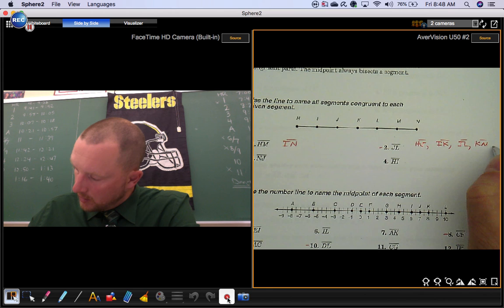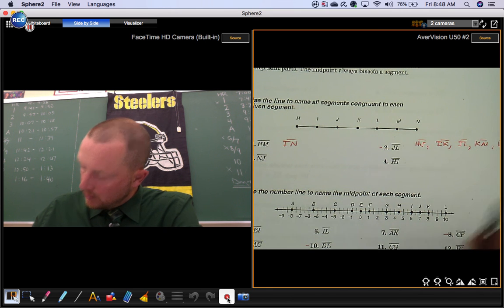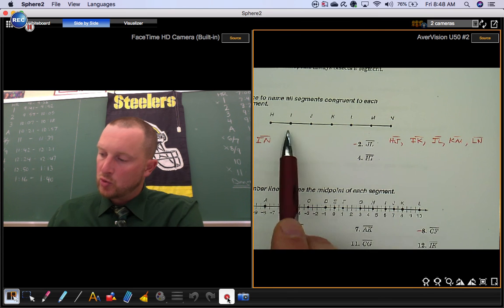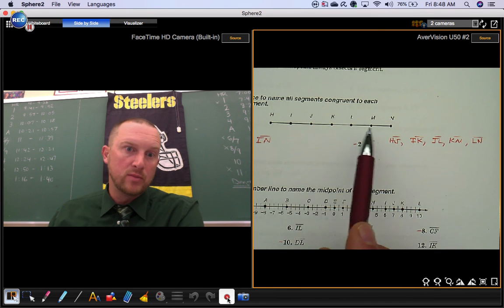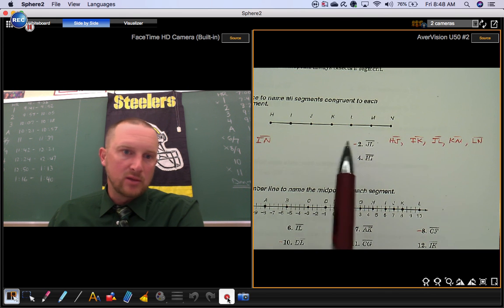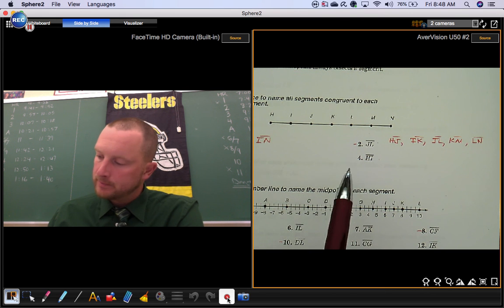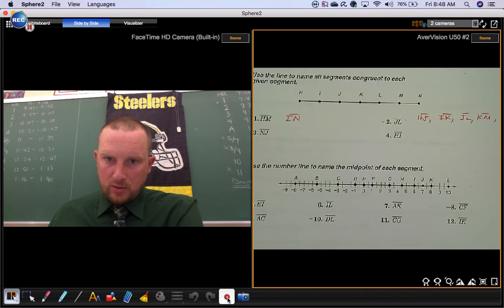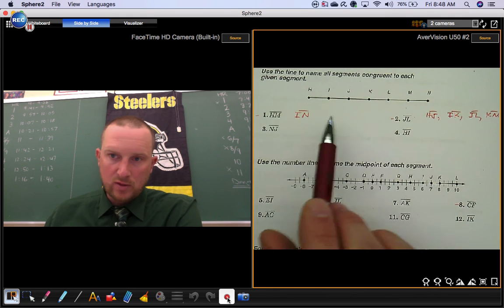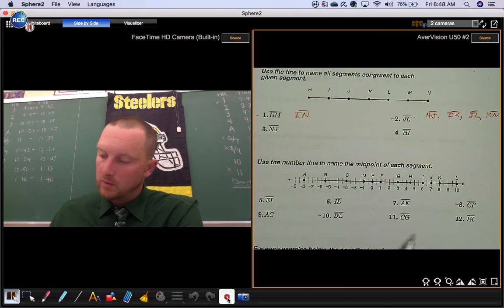Then segment LN. When you do it that way, you're sure that you get all of them instead of randomly jumping around and hoping that you got them all. Okay, so numbers 3 and 4 are just like that. If you can do those and follow those, you should be okay with these.